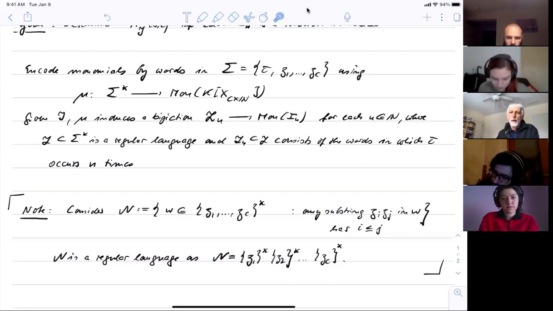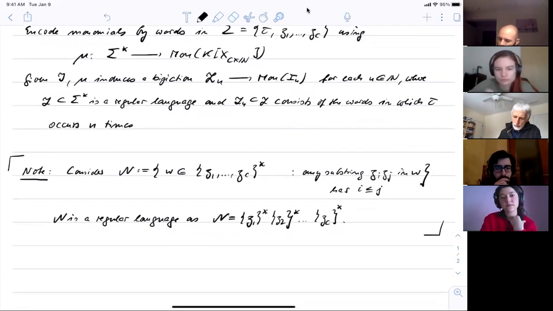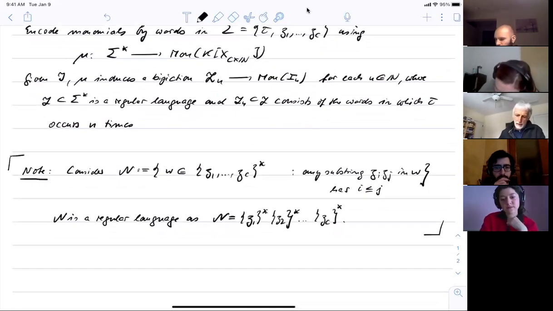But for now, the important part is we replace counting monomials in these ideals I_n by counting words in L_n. And to do this and connect it to our goal, we need a suitable definition of weights on our words. And so let me formally introduce this.